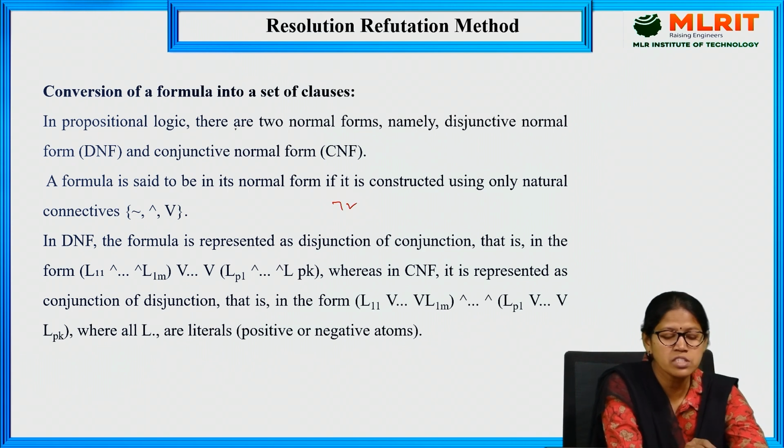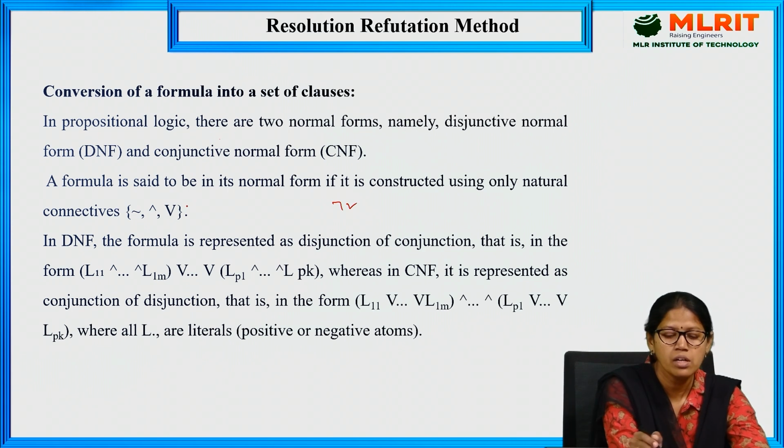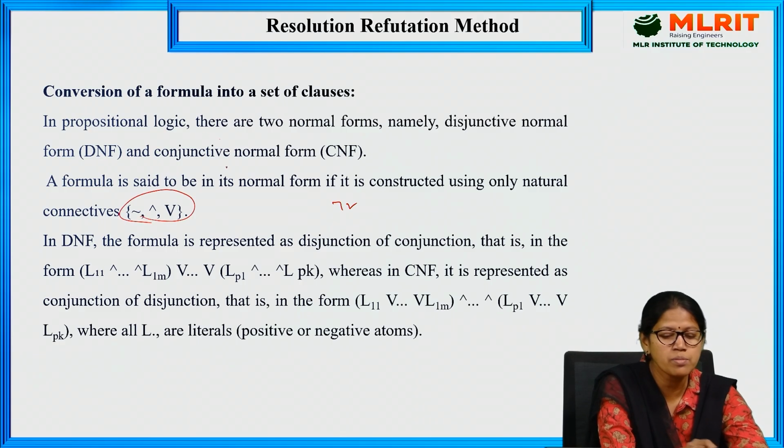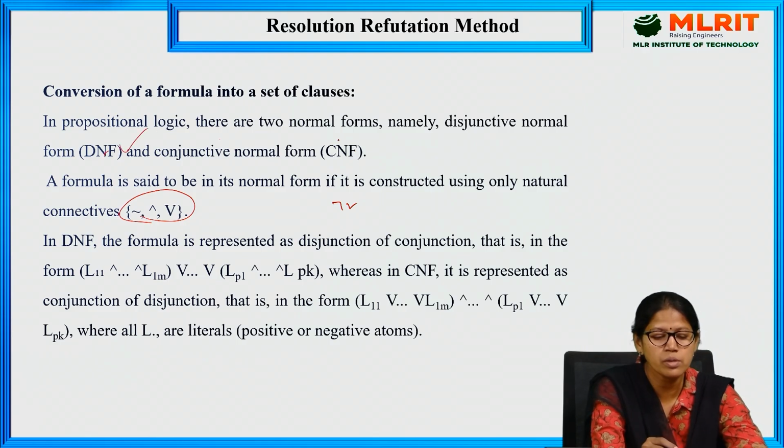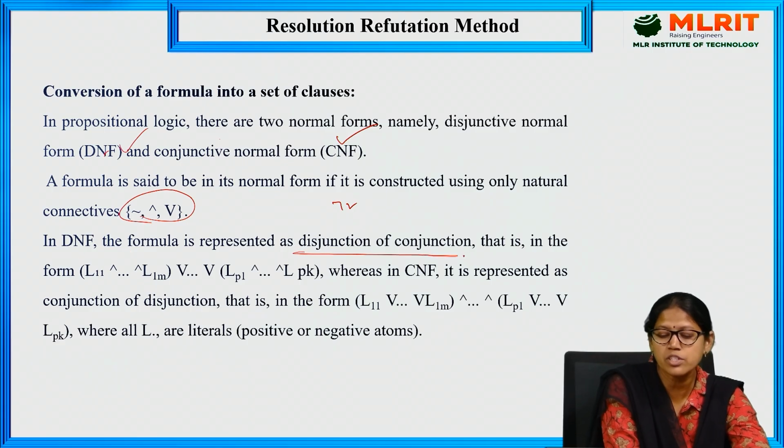In propositional logic, there are two normal forms. A normal form consists of certain symbols. One is the disjunctive normal form, another one is the conjunctive normal form. The disjunctive normal form is represented as the disjunction of conjunctions.